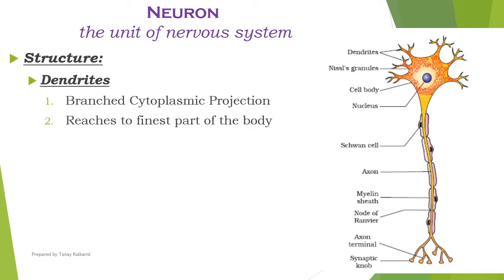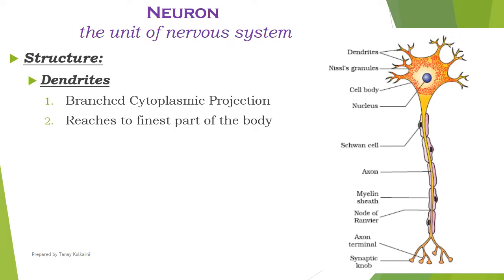What are dendrites? Dendrites are the branches of again the cell body, and they reach to the finest part of the body. I want you to focus on this cell body part. The first branch, 1, 2, 3, 4, 5, 6, and the seventh is axon, right? So these 6 small branches are known as dendrons.